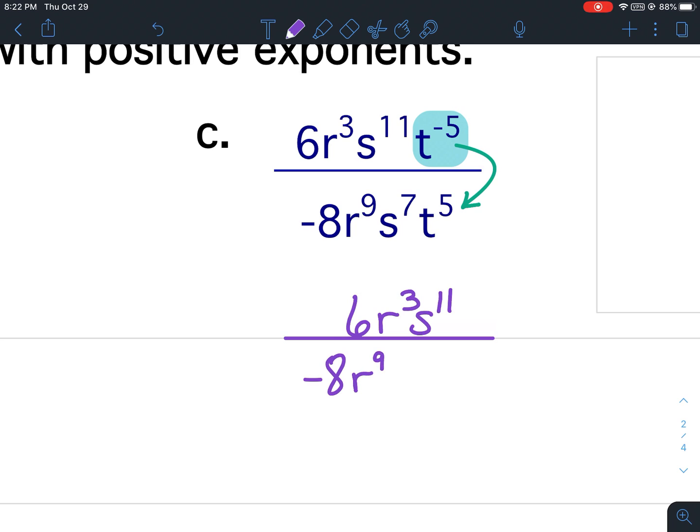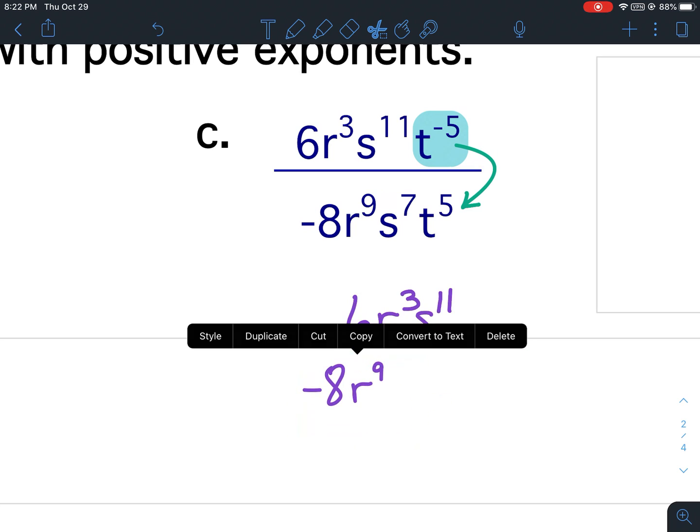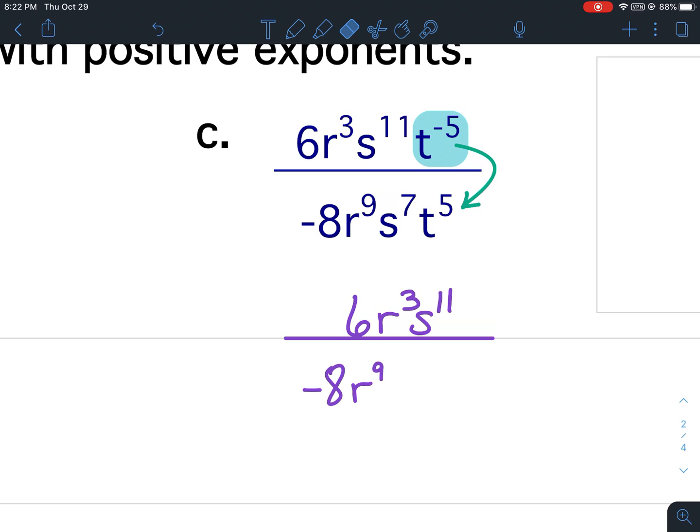Oh, by the way, now that the exponents could be bigger in the denominator, you might want to leave a little space between the division bar and the exponent. So r to the 9th would be on the bottom, s to the 7th, t to the 5th, and then, because I moved down that other one, there'll be another t to the 5th on the bottom.